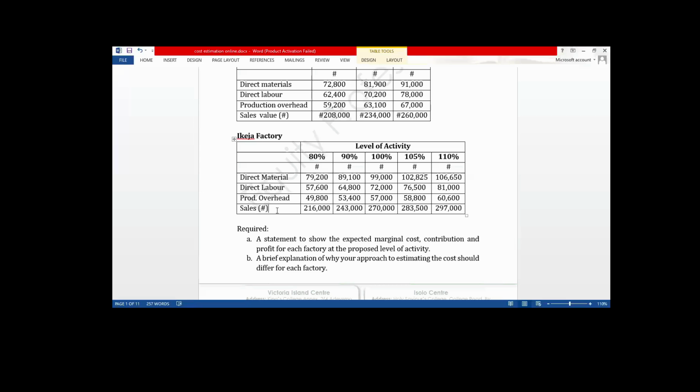What is contribution? How do we calculate contribution? And what is profit? How do we calculate profit? For you to attempt a question very well, you must understand the question. And you must understand the examiner requirement. If I ask the class, what is marginal cost? If I'm to throw this open to the class, what is marginal cost?